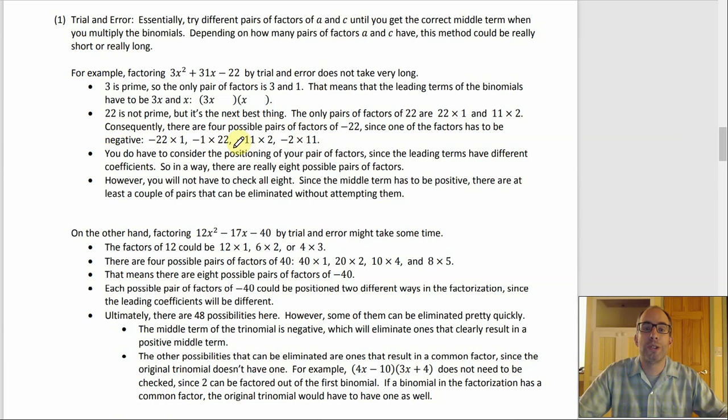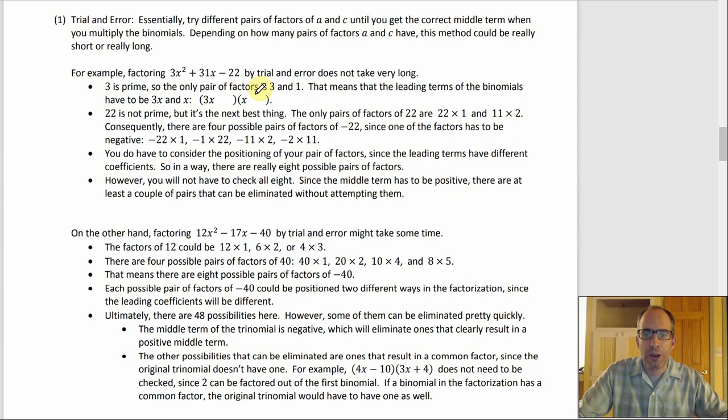And then you have to consider the positioning of the factors because sometimes you're multiplying by 3 and sometimes you're multiplying by 1. So you could have the negative 11 in the first one and the 2 in the second one. But if that doesn't work, maybe you also have to consider the 2 in the first one, the negative 11 in the second one. But you won't have to check all 8 because there are going to be some things that you can throw away just by eyeballing them.